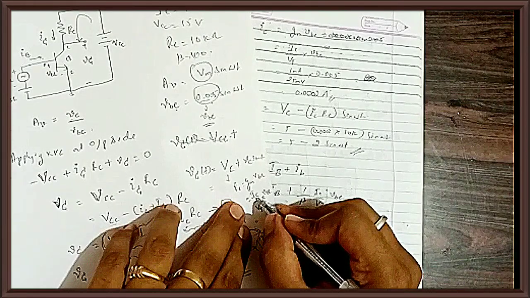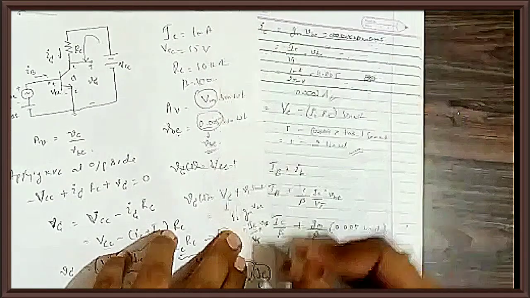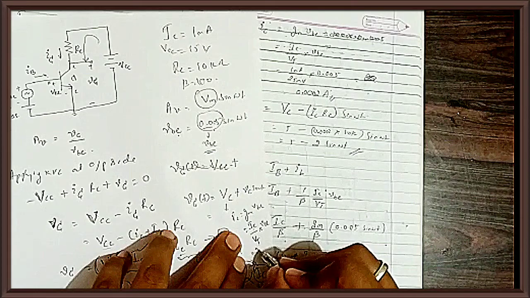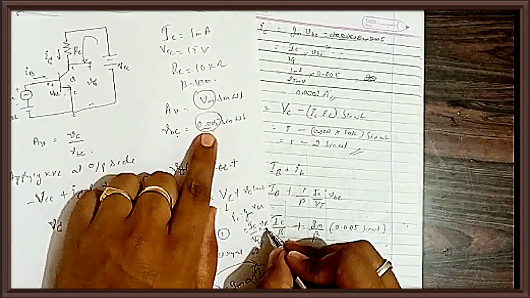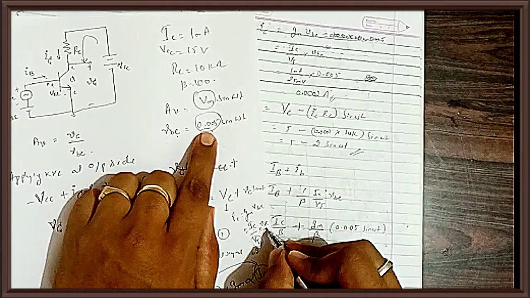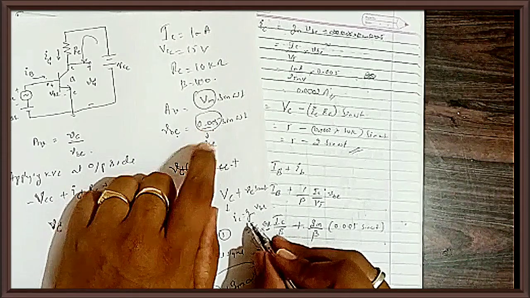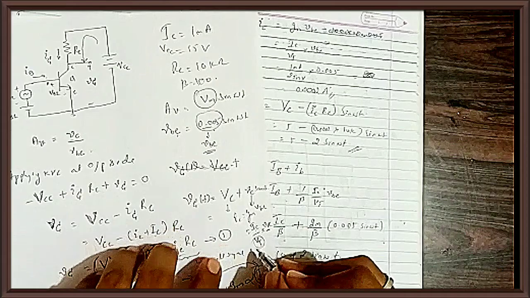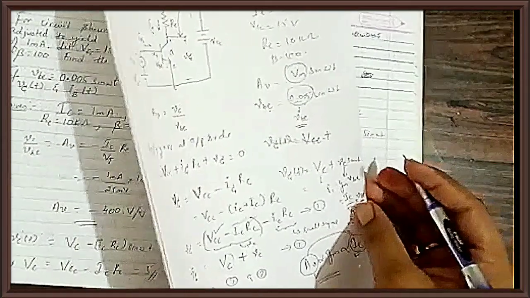It is the DC value of the collector current, 1 milliampere. What is the thermal voltage? As I said in the previous session, it is 25 millivolt at room temperature. So I know this. What is VBE? It is given as 0.005 volt. So if I do this, I'll get the value of small ic also. Correct. Hopefully you are understanding.